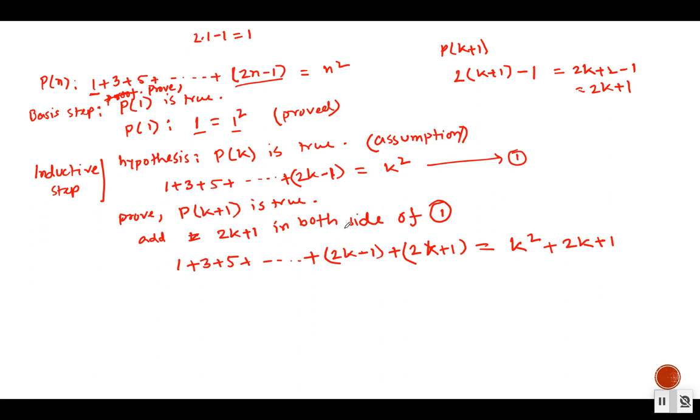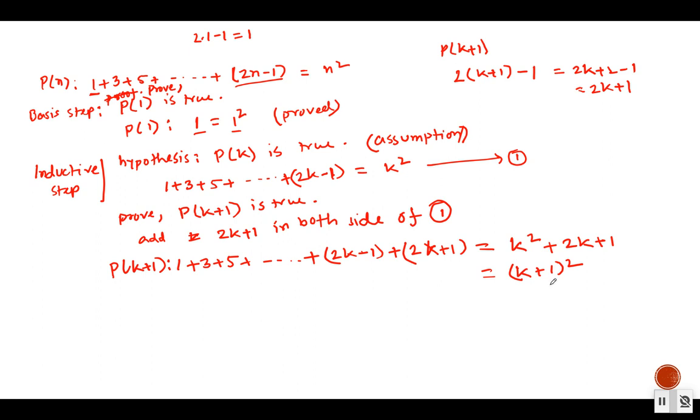That's why I'm adding on both sides. Now what does that tell? That's also actually very easy. That's the same as writing (k+1) squared. So what does that tell? This is proving our P(k+1), right? So if Pk is true, we can show that P(k+1) is also true.